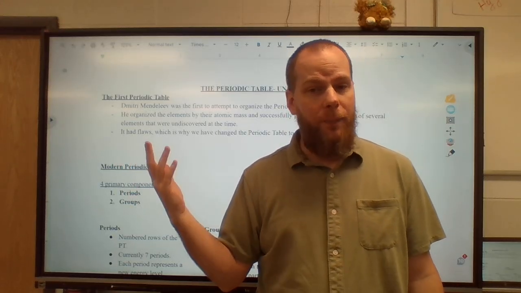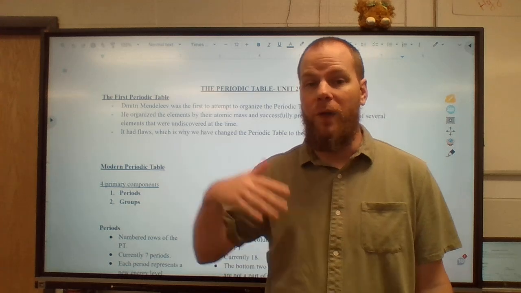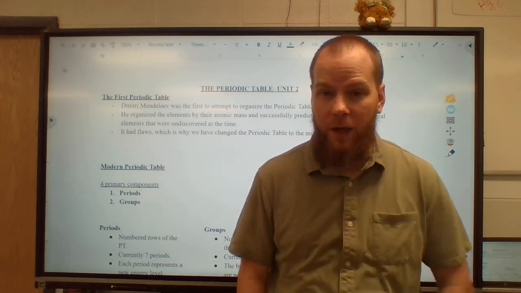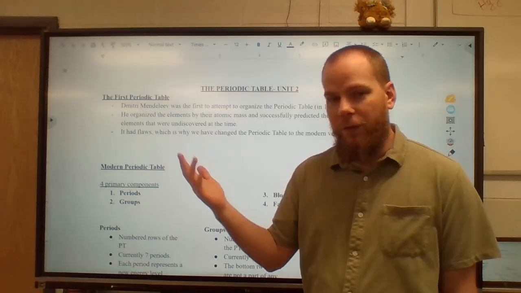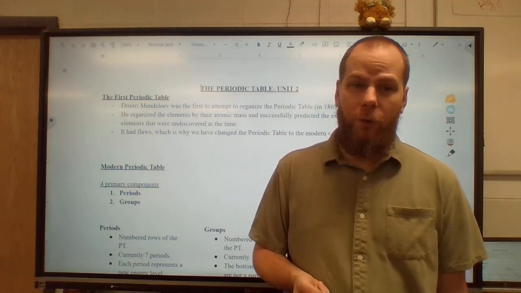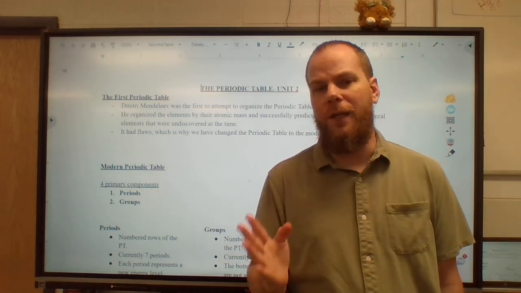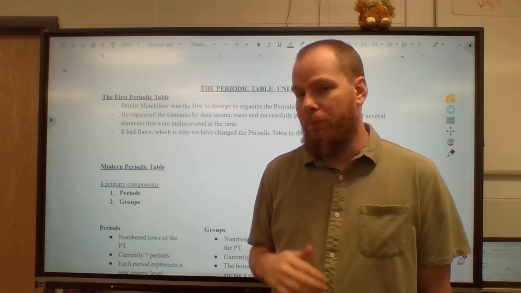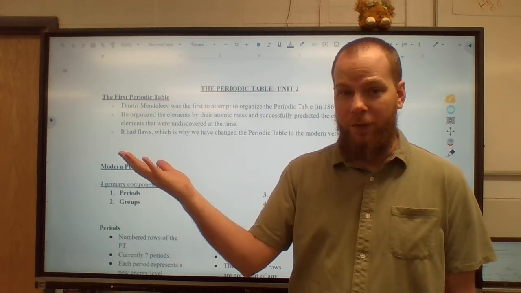So the periodic table today, while it is different, is very, very similar to the original periodic table that he designed. Okay, so it wasn't perfect, obviously. We don't use it anymore. But it was very similar to the one that we have now. We'll talk about why that is more in Unit 3. But yeah, that's pretty much it for the note portion of this video.